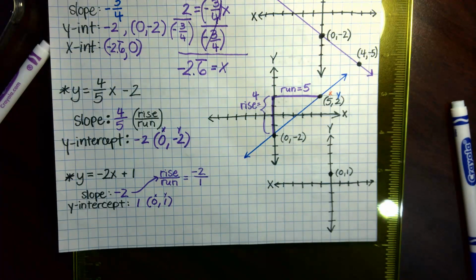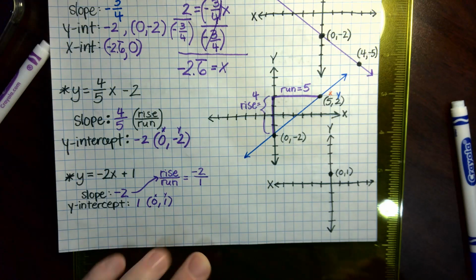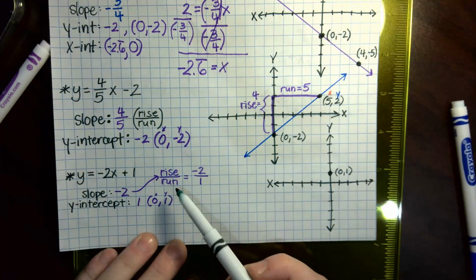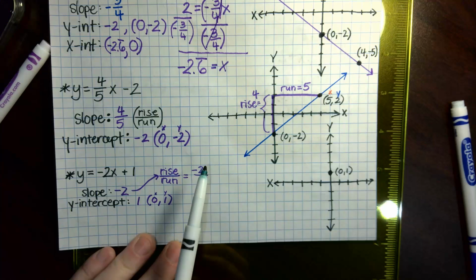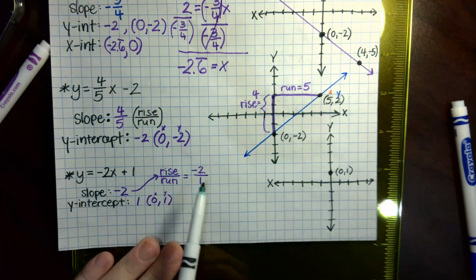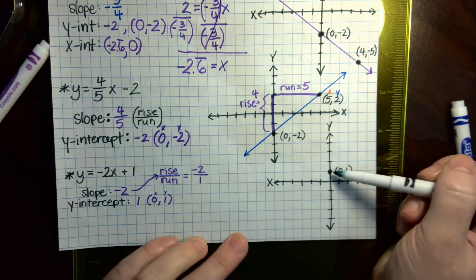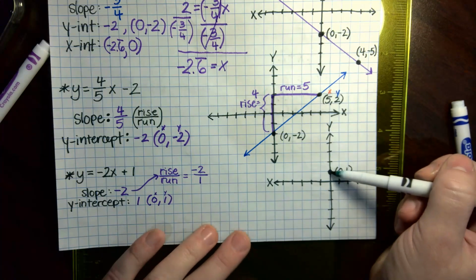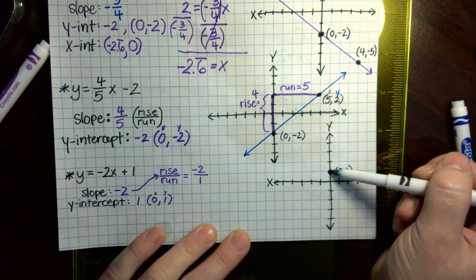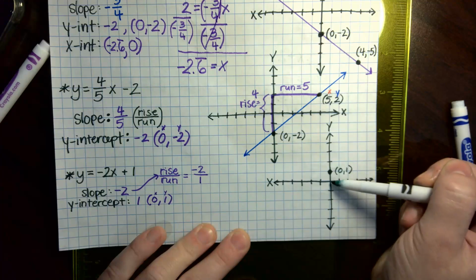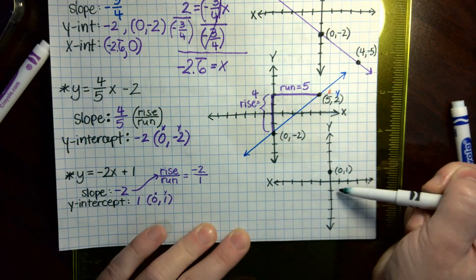Okay, now we can do what you were saying, Star. We can do the slope. We're going to look at our rise over run. We've got negative 2 and 1. So what direction are we going to go? Yeah, we're going to go down since it's negative. So we'll go down 2, so 1, 2, and then over 1.